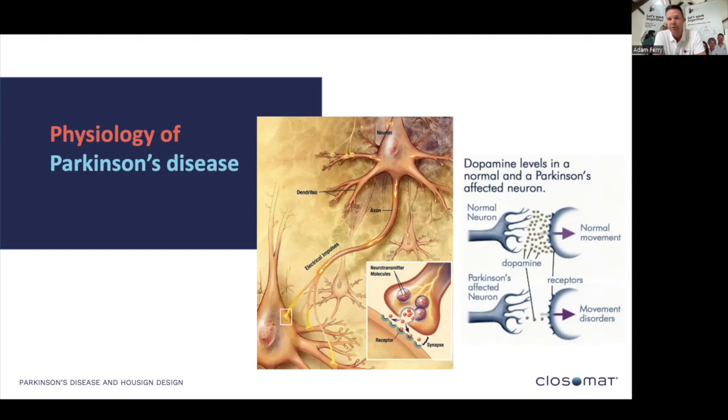It's why with Parkinson's disease, one of the most common symptoms is a tremor, for example. It's anything that impacts on motor skill, on muscle movement, and why with Parkinson's you often get what's called cogwheel rigidity.